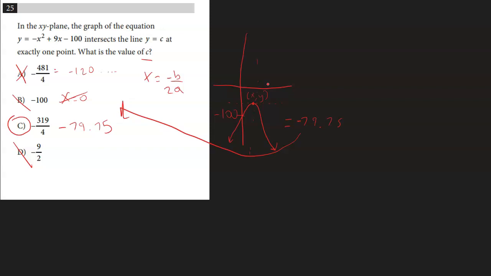You would find negative b over here, and then you would find a here, or sorry, that's b, that's a, and so you could plug that in where b equals 9, a equals negative 1. You'd plug that in, find x, and then plug x into that equation and come back with negative 79. But I would recommend just plugging it into your calculator and finding that vertex, and it would save you a lot of time on the test. But yeah, that's how you figure out 25.